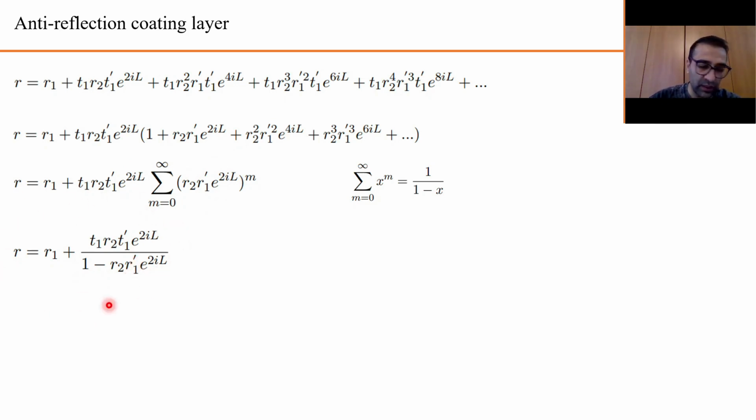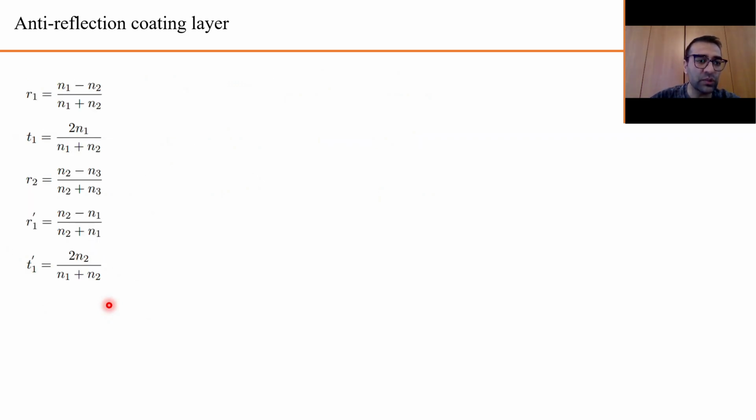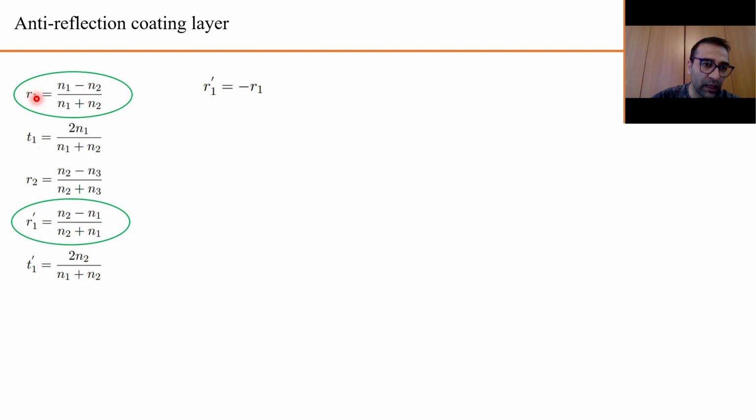Keep this equation in your mind, and let's go to the Fresnel equation again for interface 1 and interface 2. And if you notice, you can see that R1 indeed is minus R'1, or R'1 is minus R1.